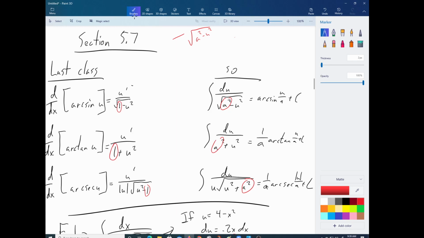Ultimately, I'm not going to worry about the best proof, but the idea is we're taking that a squared and dividing it on both sides.